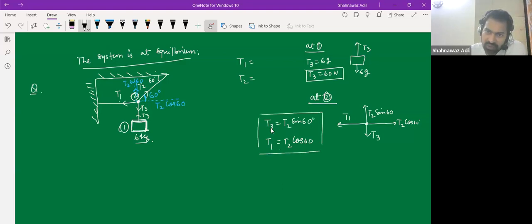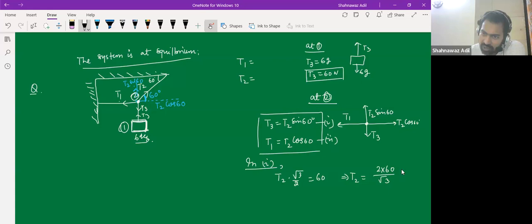So we know the value of T3. Let's say this is equation 1 and this is equation 2. In equation 1, we have T3, which is T2 sin 60, and sin 60 is root 3 by 2. T3 is 20. So T2 equals 2 into 20 divided by root 3.